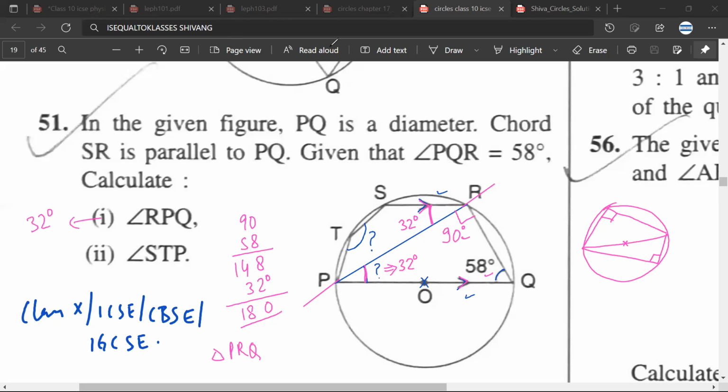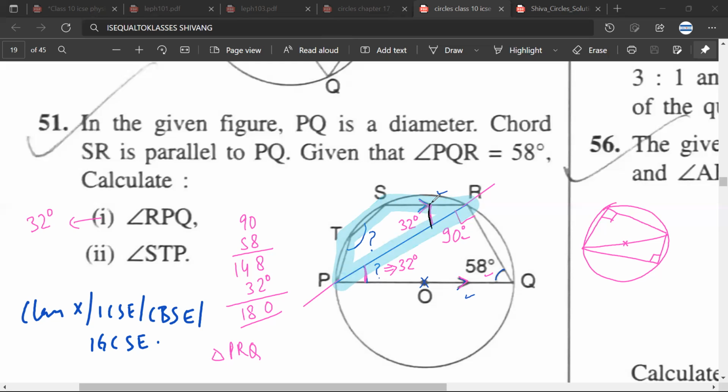Now what you are suggesting is that STPR is a cyclic quadrilateral. Do you agree? Yes. And in this cyclic quadrilateral, the sum of the opposite angles would be 180 degrees.